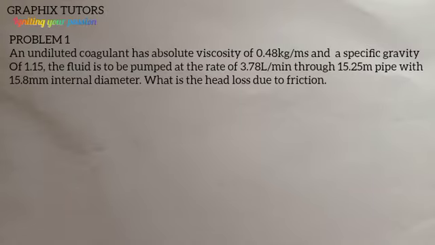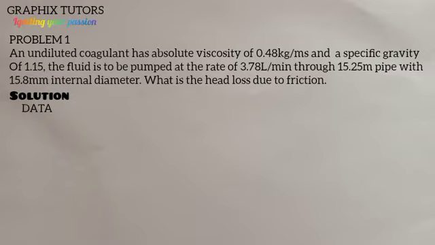Now, like I always say, for you to know the direction to go, you need to write out your data, which is your parameters, or we'll say the givens. Solution.